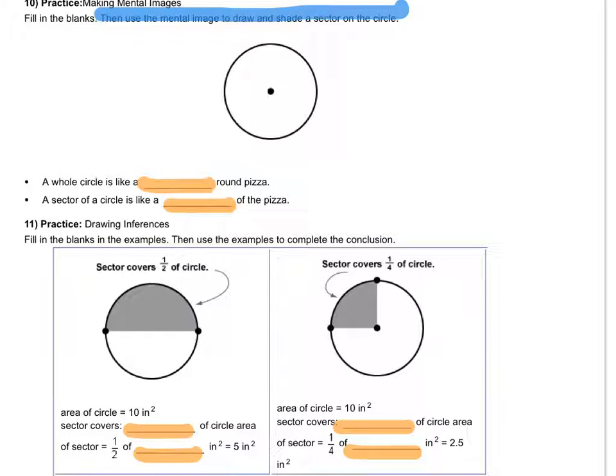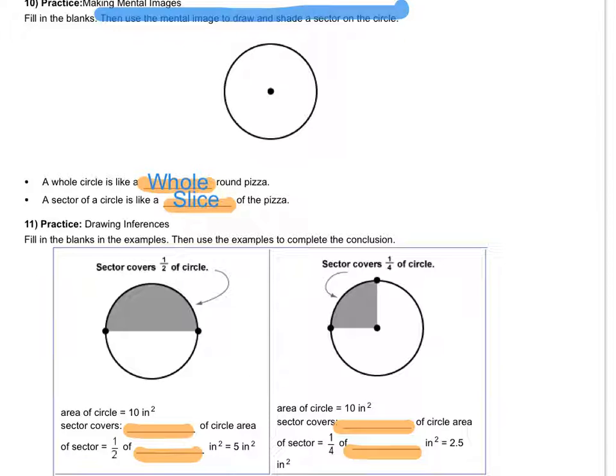Okay, so right now we're going to make a mental picture. It says fill in the blanks, then use the mental image to draw and shade a sector on a circle. A whole circle is like a whole round pizza. And the sector is like a slice of pizza. I'm repeating myself, but it's all good.